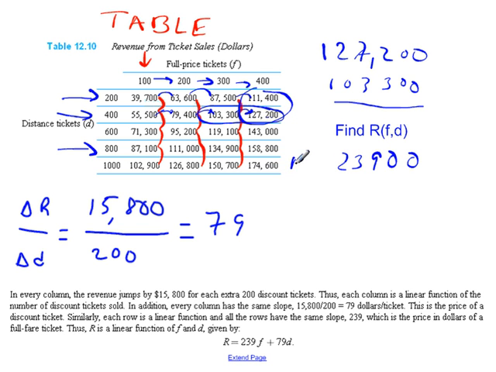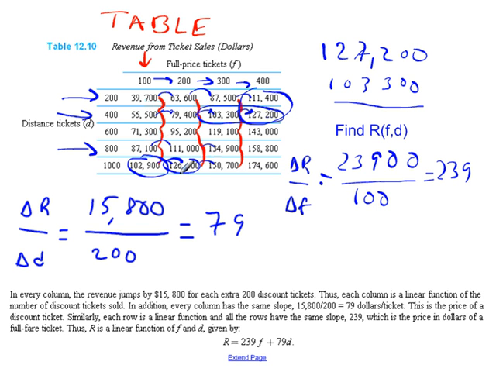That's the change in my revenue given a change in my full price tickets of 100. So that slope is 239. So if I took the difference from one entry to the next in every row, all of these changes are going to be the same change, 239.